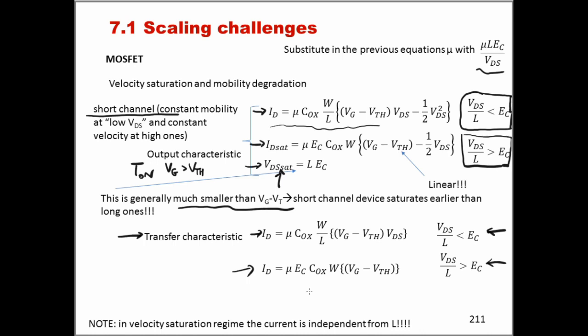It is very interesting to note that in the velocity saturation regime, the current in the channel is independent from L. So this is quite a remarkable result. It doesn't depend anymore on the length of the channel.